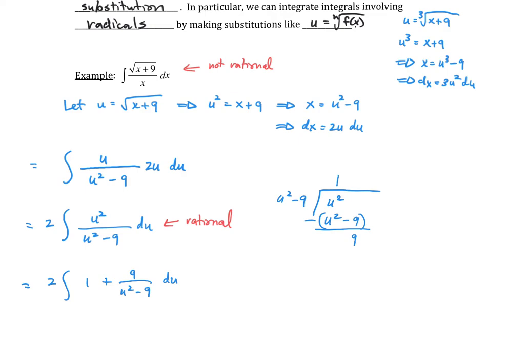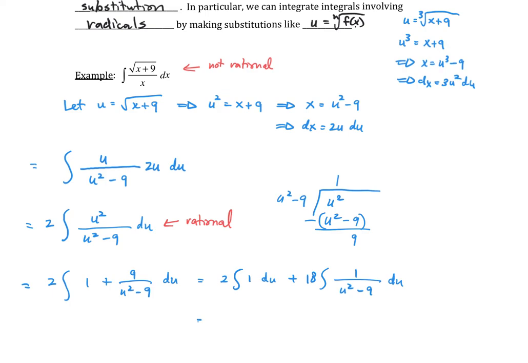So I guess at the next step, I would factor the denominator. So this could be 2 times the integral of 1 du plus 2 times the integral of, well, let me factor out a 9 from the second integral. So I'll have 18 times the integral of 1 over u squared minus 9 du, like this.